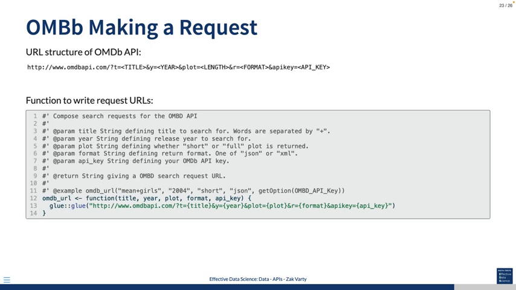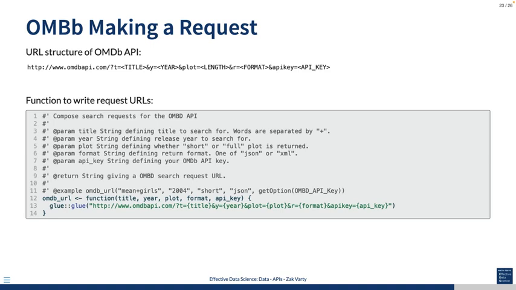We can specify the title we want to search for, the year, how we want the plot to be returned, and the format in which we'd like this data to be given back to us. The final part here, as we mentioned before, is going to specify our own API key to verify that we are authentic users of the API.